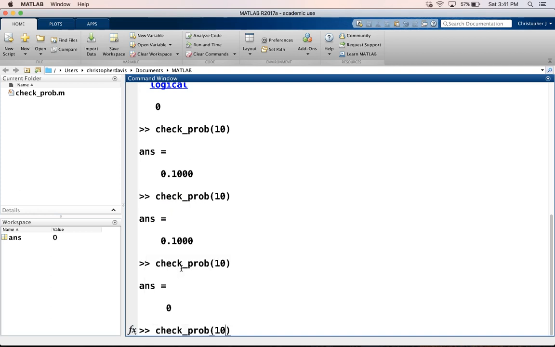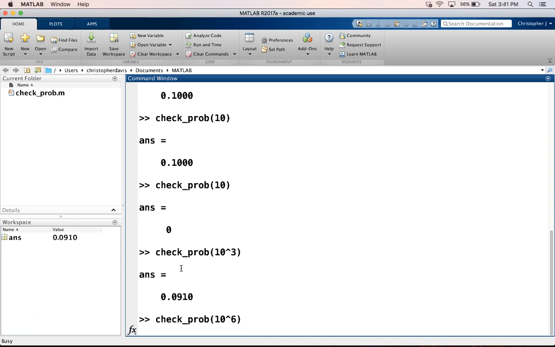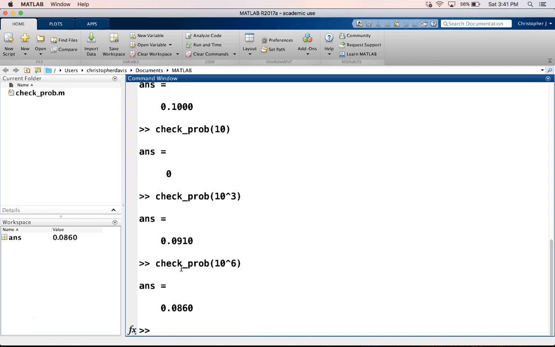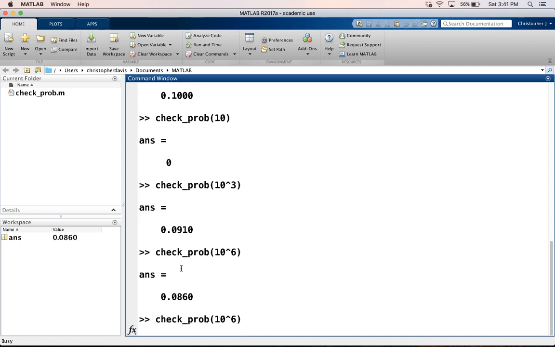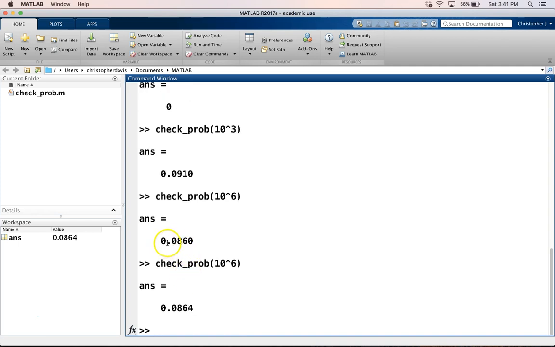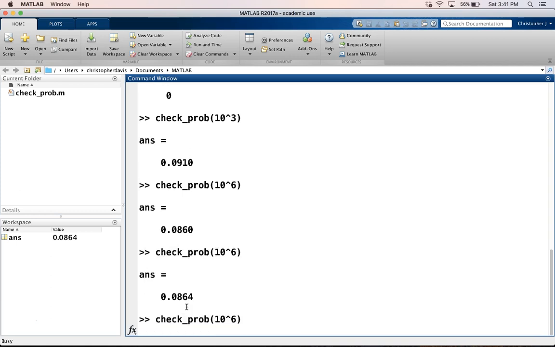So let me make it a lot bigger. Let me do 1,000 experiments. Okay, or let me do 1,000,000 experiments. That's going to take a little more time, but not too much more time. And let me try 1,000,000 experiments again. So there I got the same first 3 decimal places. 0.086.